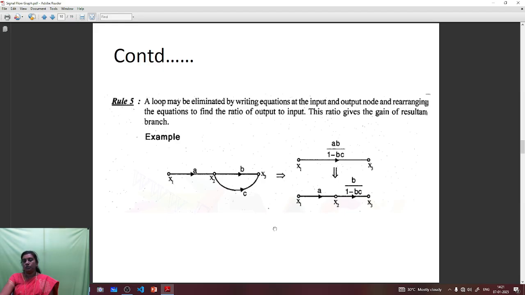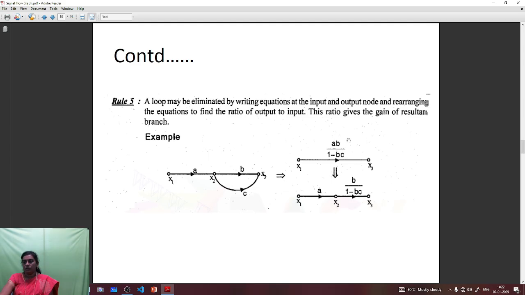Next one is rule 5. A loop can be eliminated by writing an equation. See, here there is a loop which starts from x1 and again ends at x2. So this loop alone can be eliminated by giving a gain like b by 1 minus c.